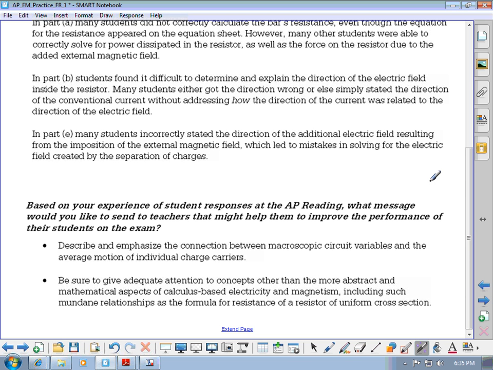Again, you definitely want to go through and study electric circuits. You want to be able to do a lot of the regular circuits and RC circuits and circuits with inductors, because those are often the second free response question. But a question like this is a way that they can ask some of those same ideas.